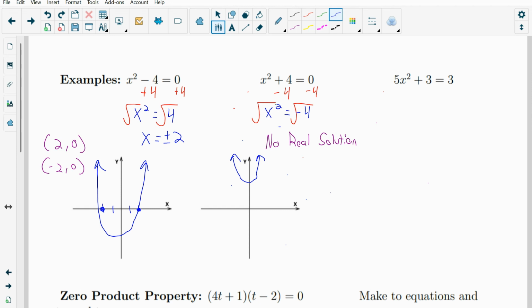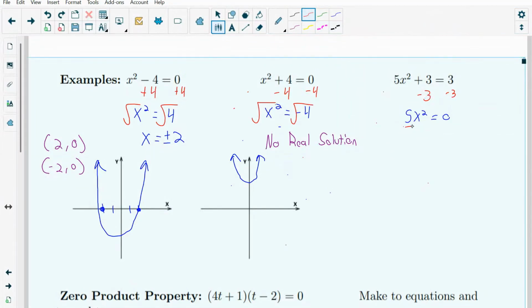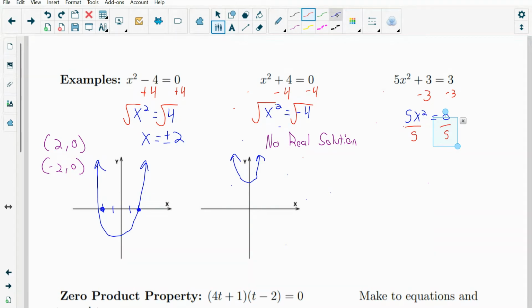In the final example here, we are going to get the other type of solution. Start by subtracting 3. That's going to give me 5x squared equals 0. Then, if I wanted to solve for x, I could divide by 5, which would give me x squared equals 0 divided by 5, which is just 0. Square root of both sides.